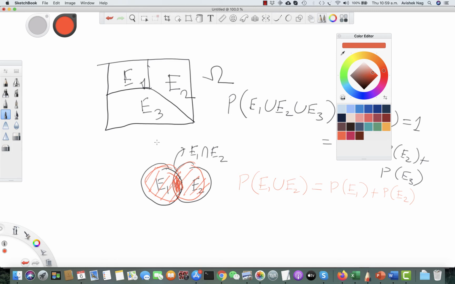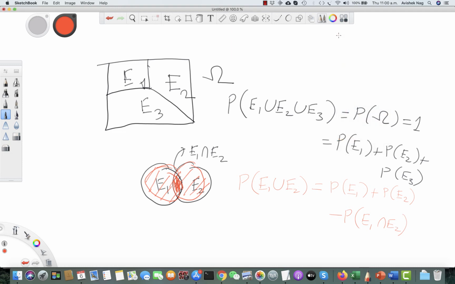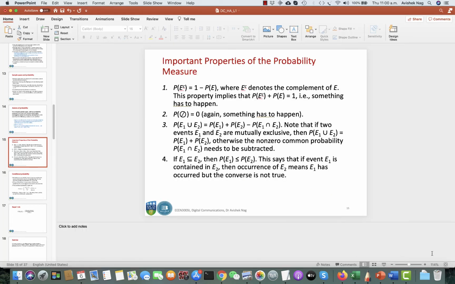So you have to subtract the shaded area, which is E1 intersection E2, once from the equation. That way you will get the entire red shaded area. You can extend this concept for many events, E1, E2, E3, and so on. Having said that, let's move to the original slides.